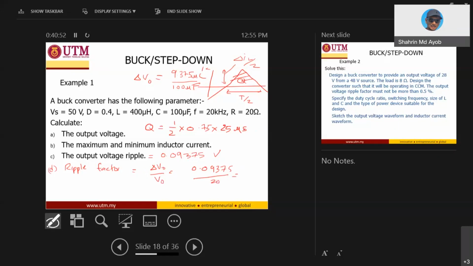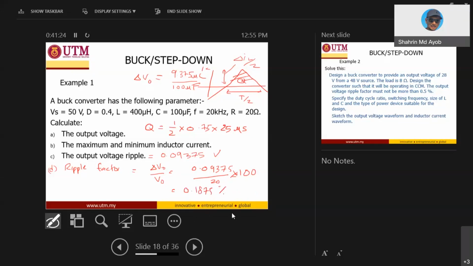4 point? You kali dengan 100 atau apa? So multiply with 100, sorry. Multiply with 100. You should get, berapa? 0.1875%.